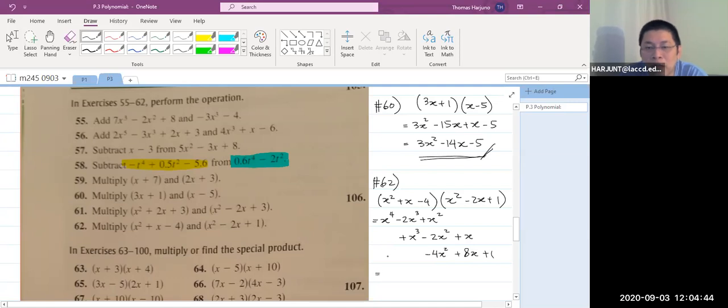Then I purposely line them up according to the exponent, such that when I add them, it will be easier to do. This would be x to the fourth minus x cubed minus 5x squared plus 9x plus 1.